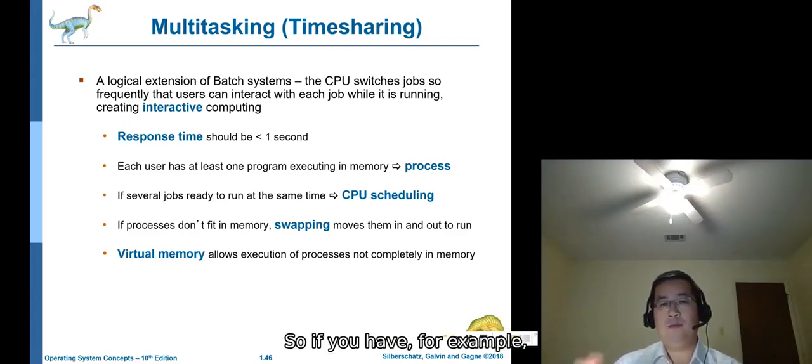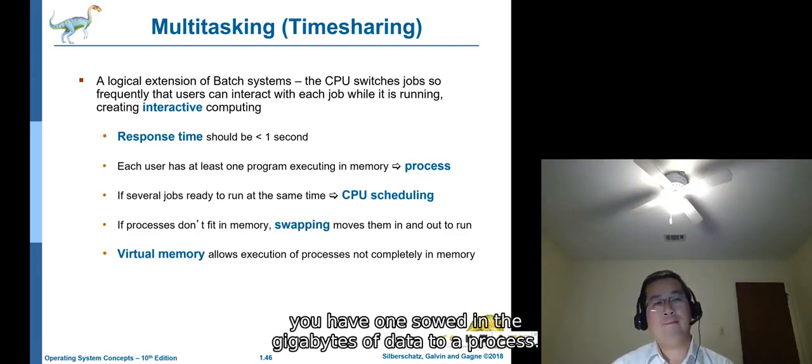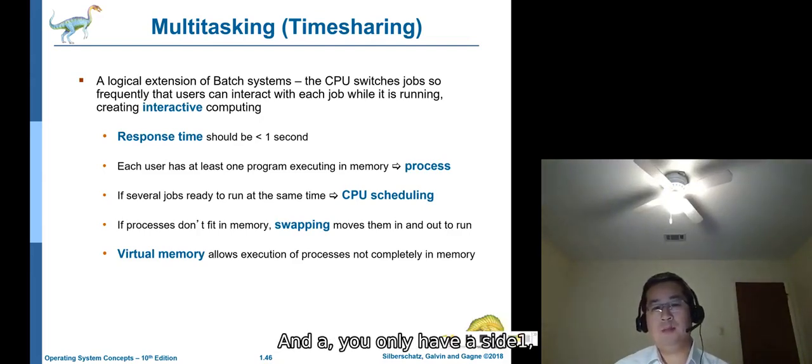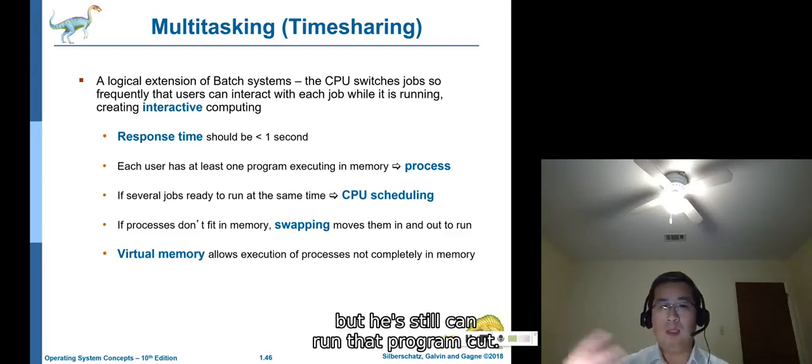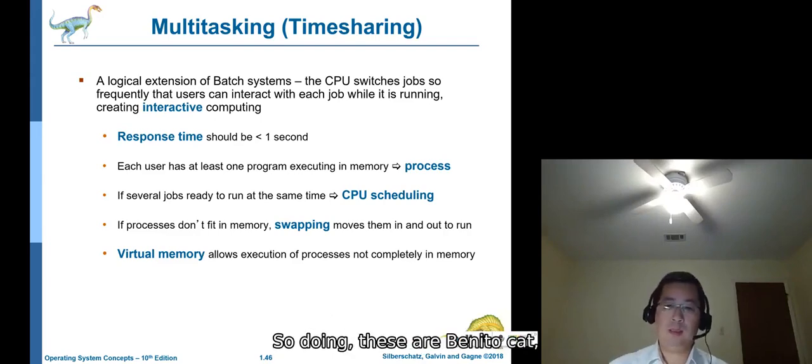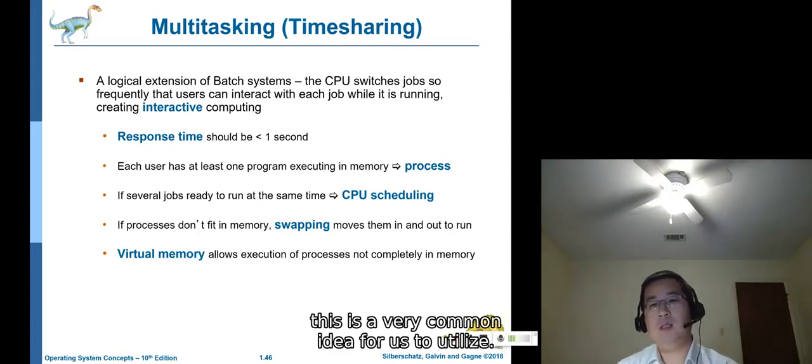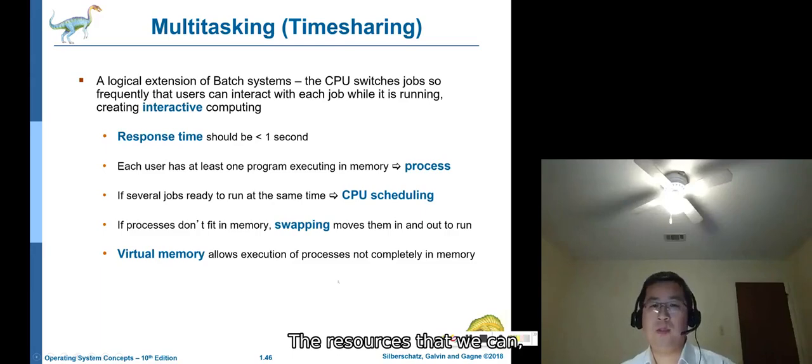So even if you have, for example, 1000 gigabytes of data to process, but you only have 32 megabytes of memory, you still can run that program. You are just doing it little by little. This is a very common idea for us to utilize resources. We can do it this way, just little by little.